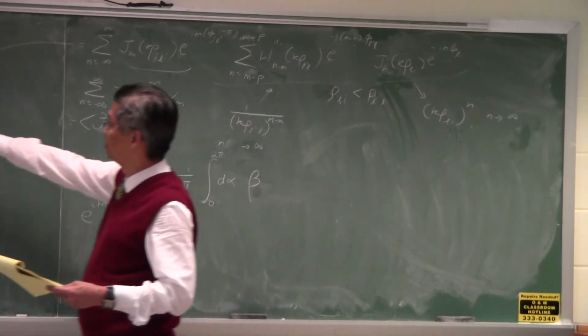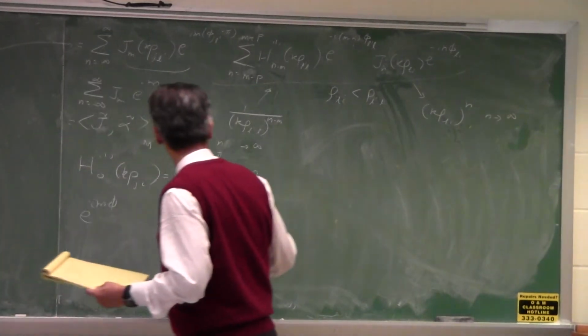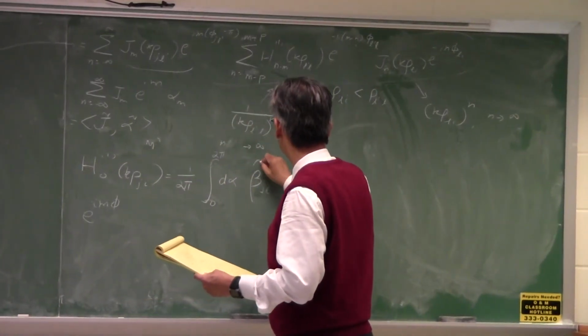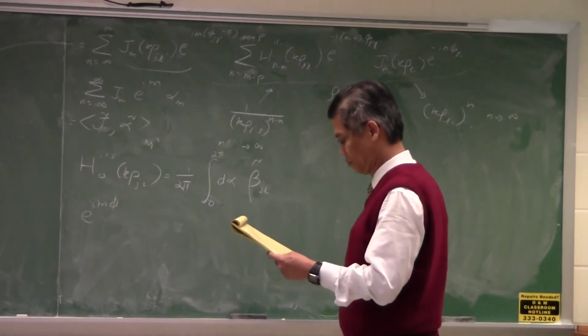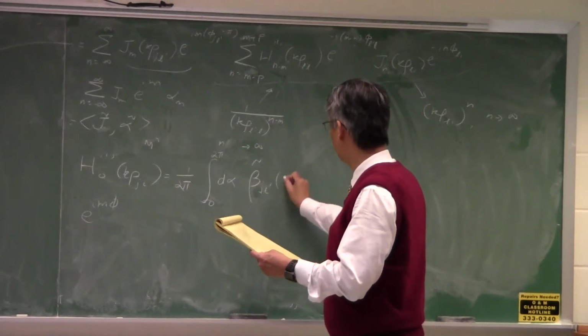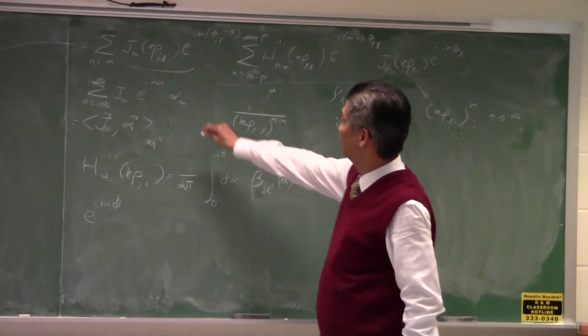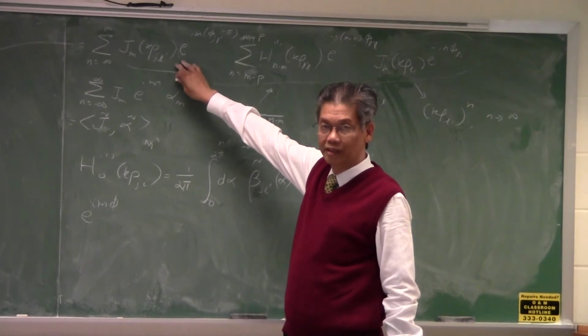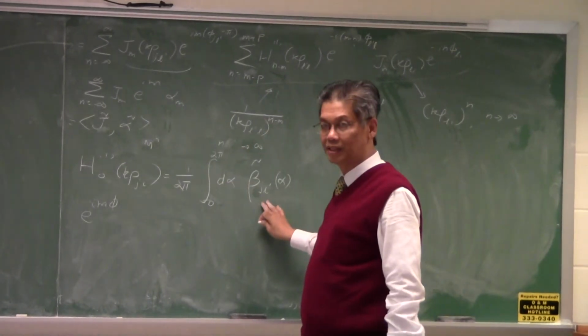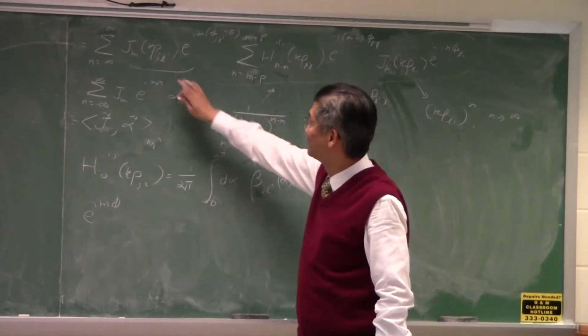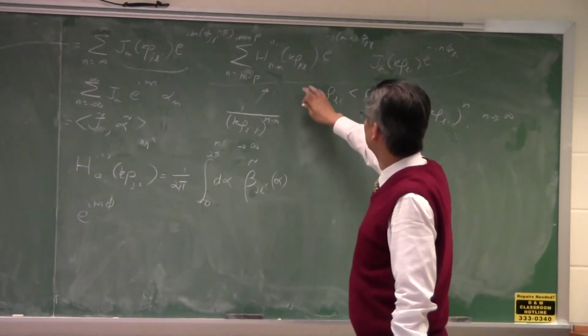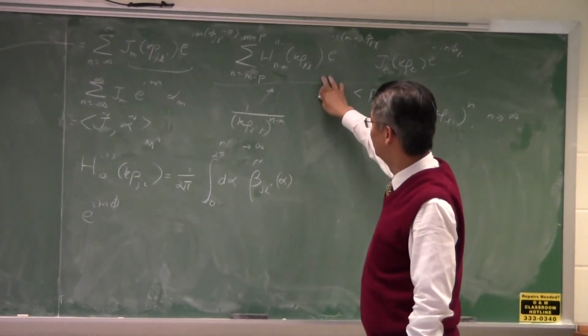This is the equivalent of JL. Okay. I will call it beta JL, JL prime alpha. It has an exact Fourier transform in closed form. I'll give you the expression later on. Okay, it has an exact Fourier transform. The second term is a matrix.